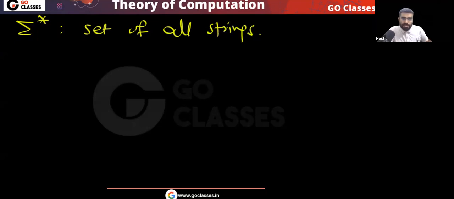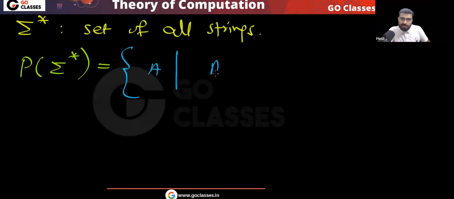What is 2 to the power sigma star, meaning what is the power set of sigma star? A simple question I am asking. Just apply the definition of power set. You will have those things which are subsets of sigma star.